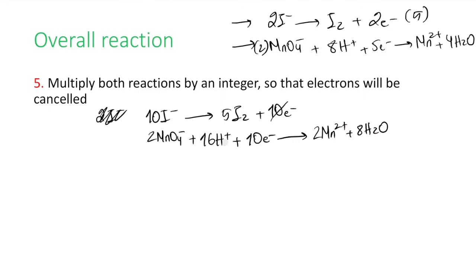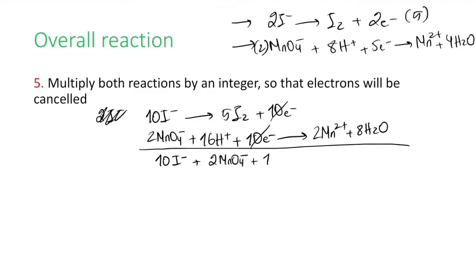We can cancel the electrons with each other and we can get the overall reaction: 10 I⁻ plus 2 MnO₄⁻ plus 16 H⁺ is giving us 5 I₂ plus 2 Mn²⁺ plus 8 H₂O.